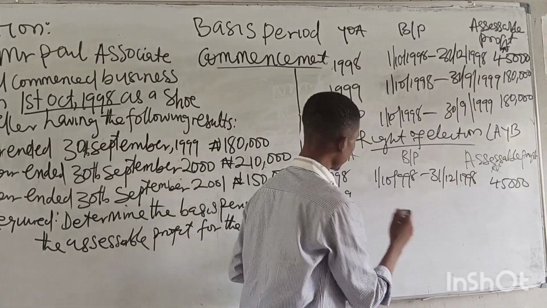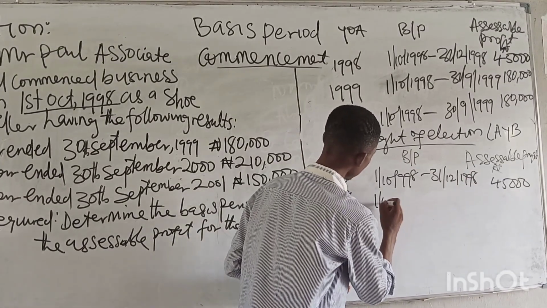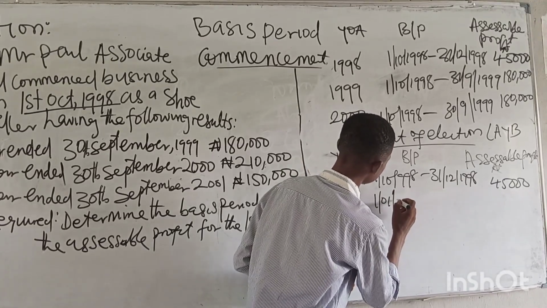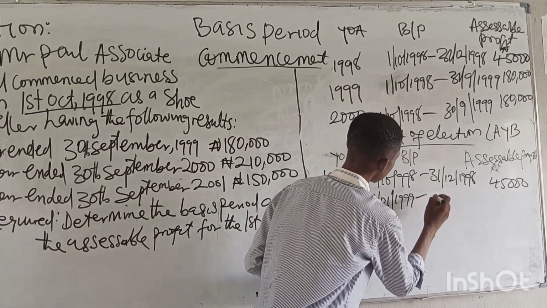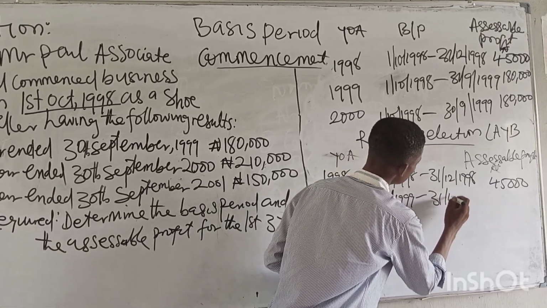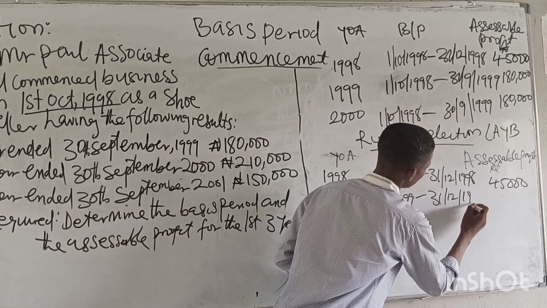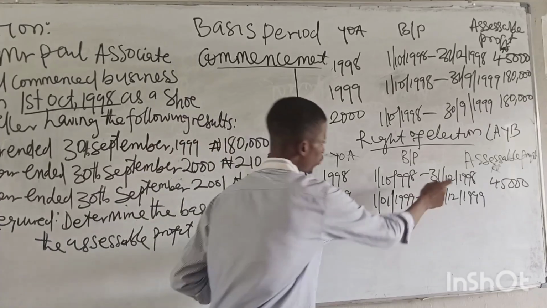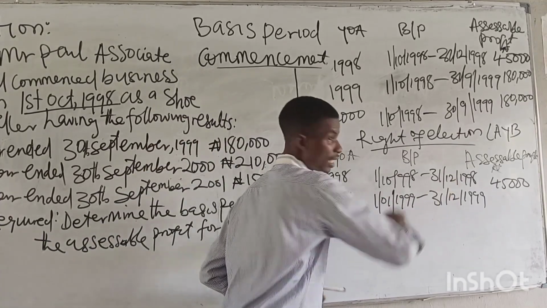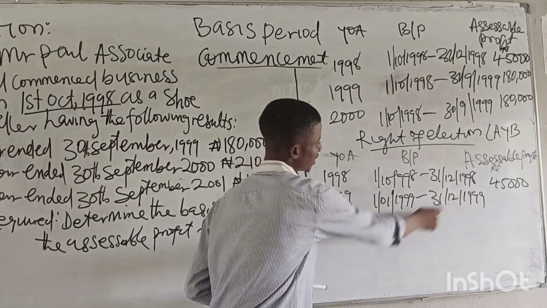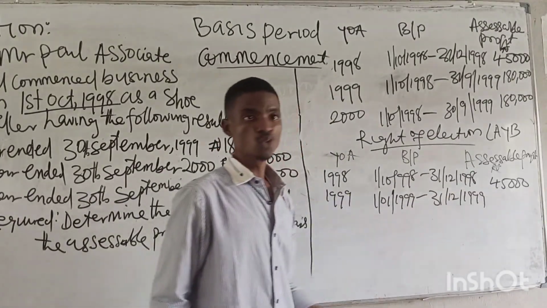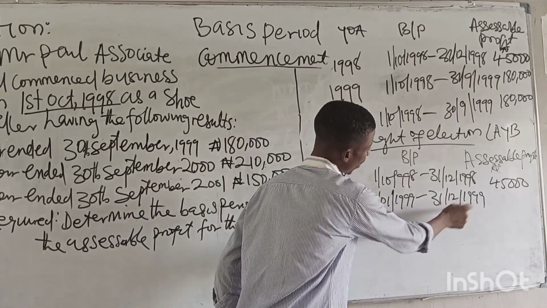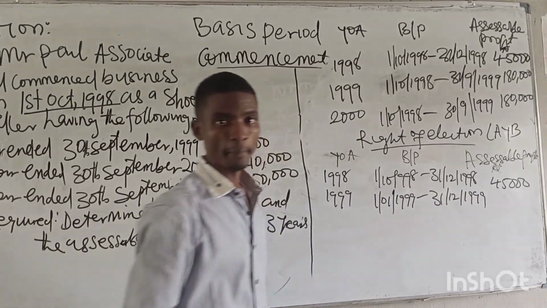And the day after this month will be 1st January 1999 to 31st December 1999. This is what actual year basis means. You have to start from here and begin from the next day, which will be 1st January 1999, to the next 12 months. And then we have to go back to the question and see where we are going to find this basis period.